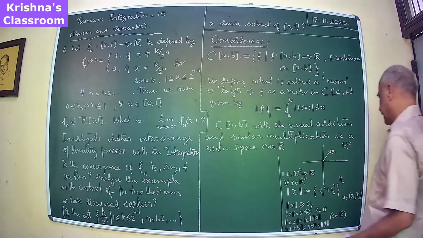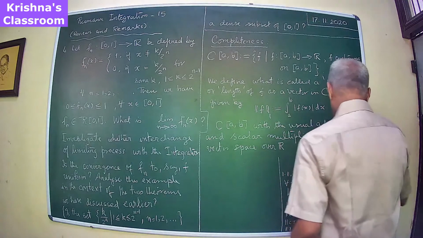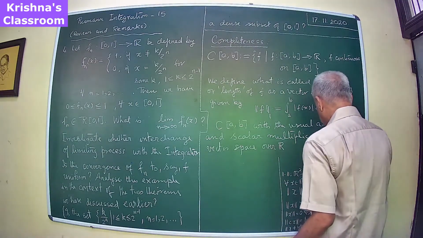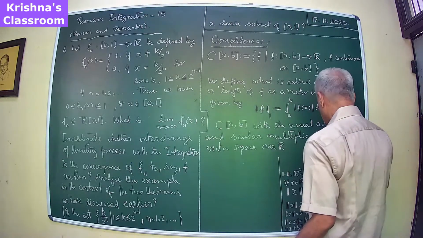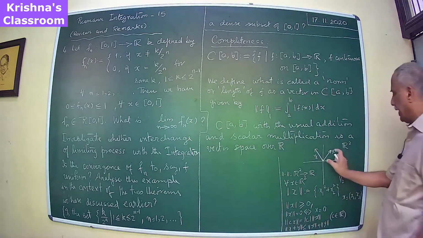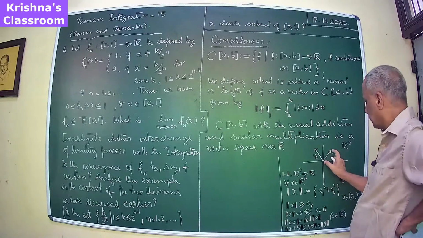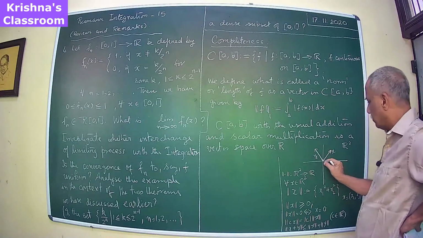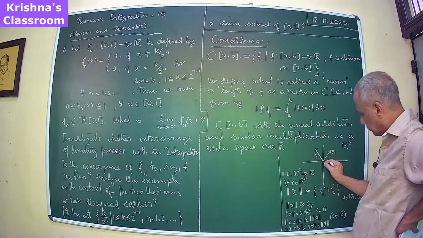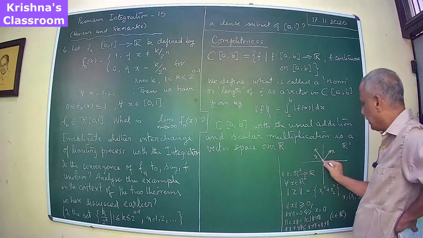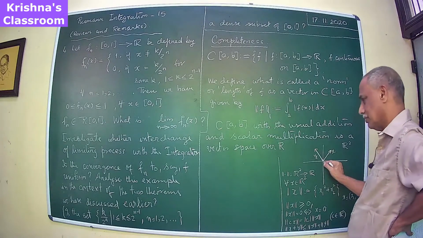What does this mean? This means the following. Suppose x is this vector, y is another vector. If you take x, the length of x is a non-negative number, and this is equal to 0 only if x equal to 0.